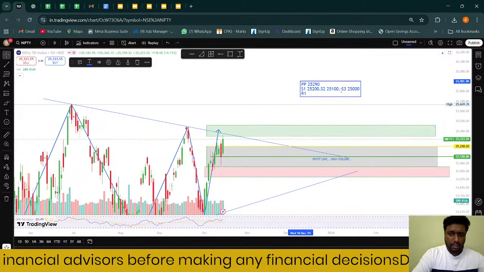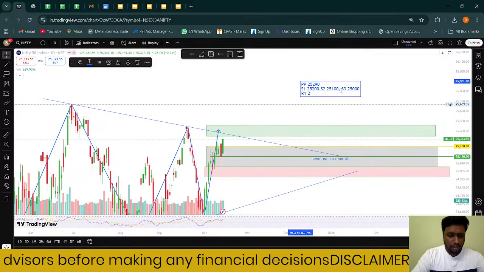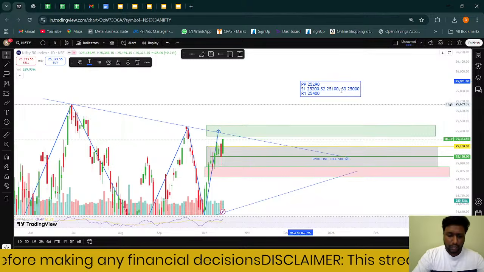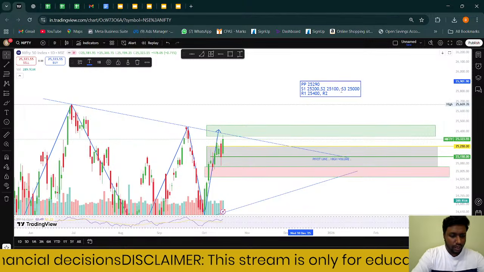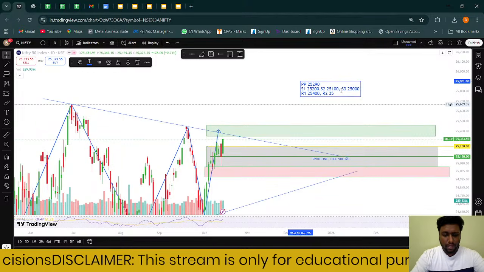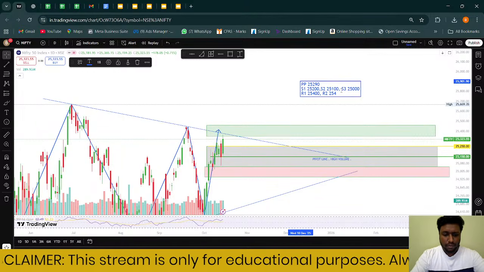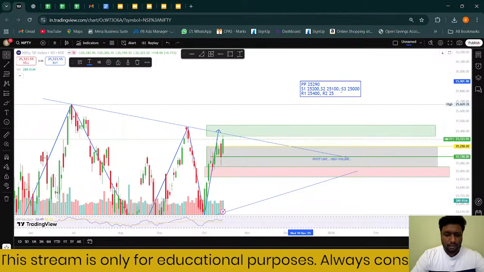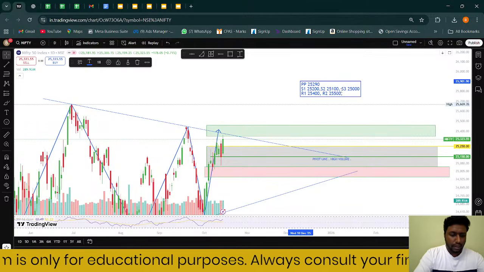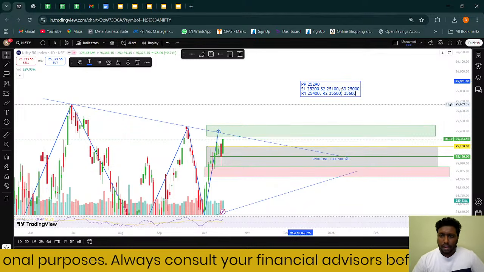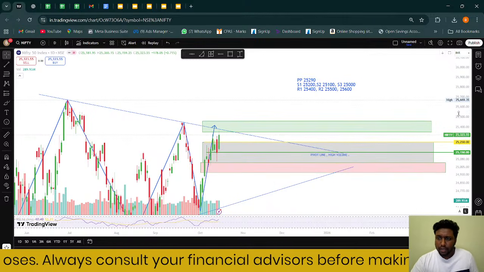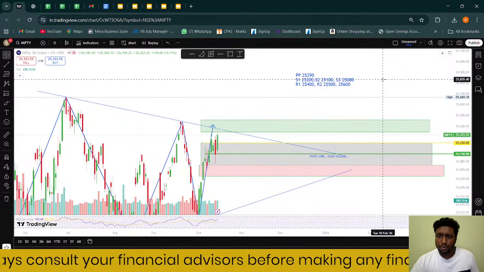I find 25,400 will be R1, R2 can be considered as 25,500, and R3 will be 25,600. These are the levels for the day with respect to our pivot point.